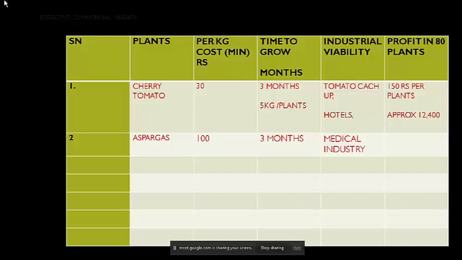If you are going for a commercial setup, minimum how many plants? 500 plants will be required. So 500 into 500, how much? 2.5 lakh. And the 500 plants setup costs just 35,000.